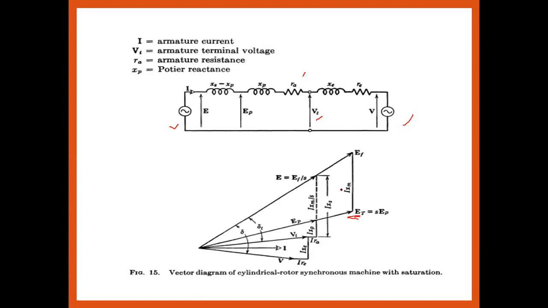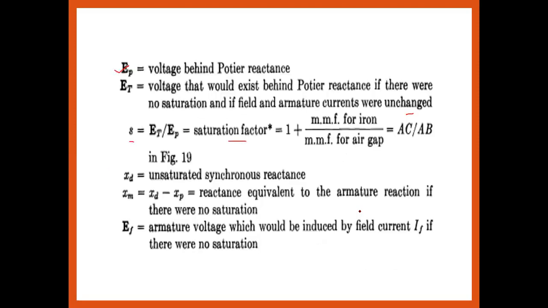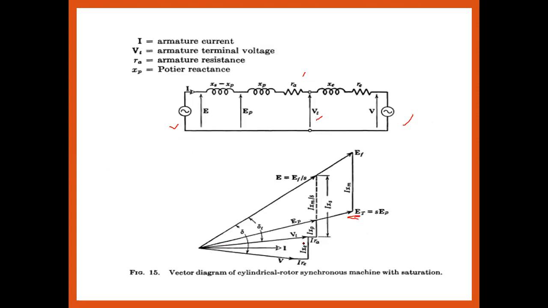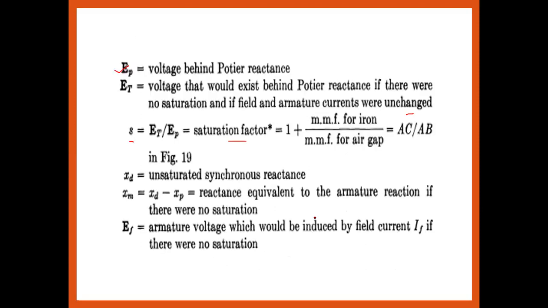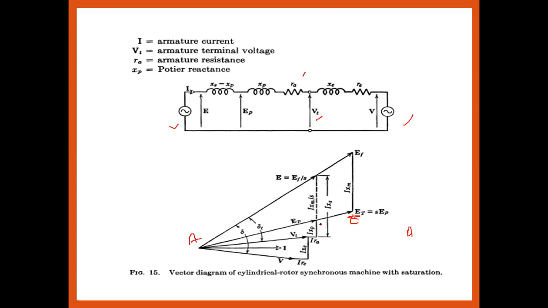So S is equal to ET upon EP, which is nothing but 1 plus the mmf for the iron upon the mmf for the air gap, equal to AC by AB. Okay, AC by AB, that is the value of the saturation factor.